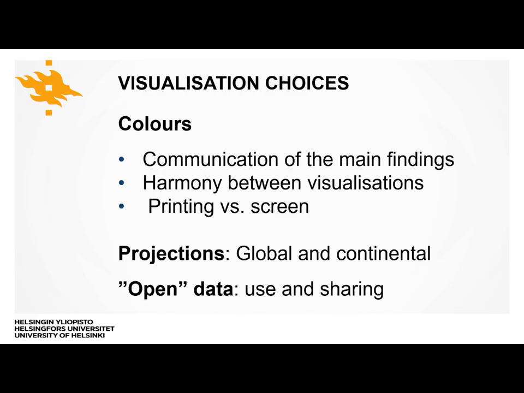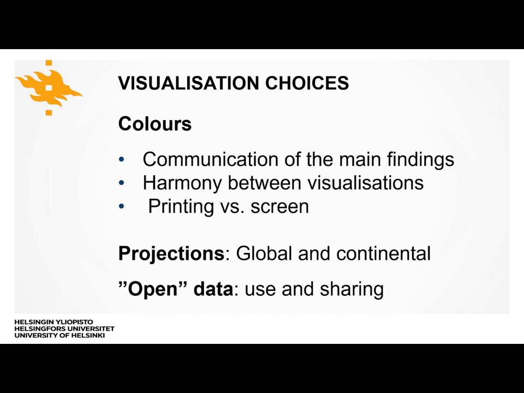So what I would like to cover through that example, which you now also have on paper with you, and there's a reason why you have it on paper. One of the things was the color selection: how to communicate most efficiently the main findings of the paper.